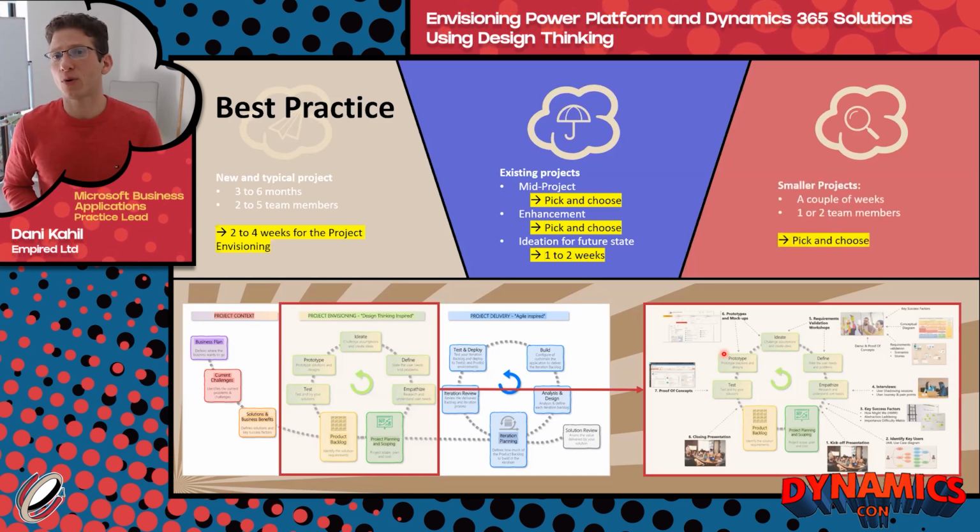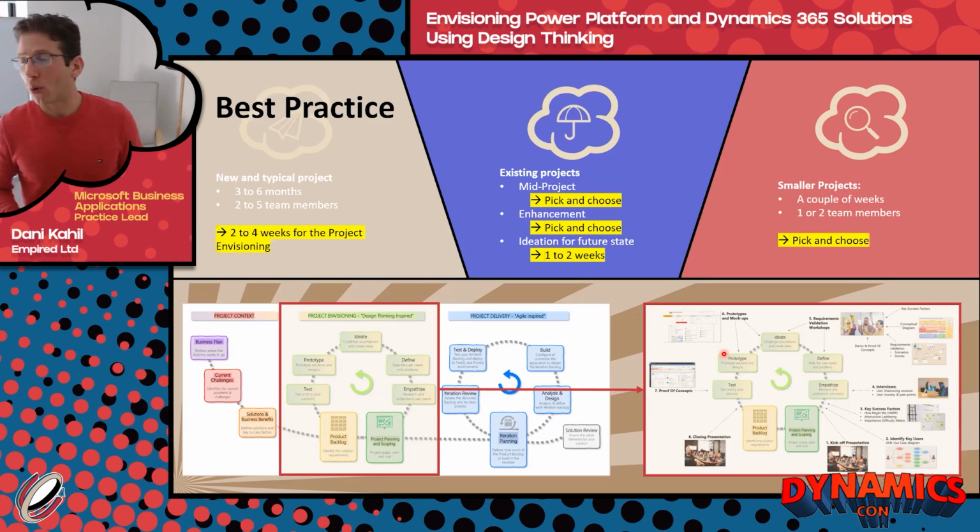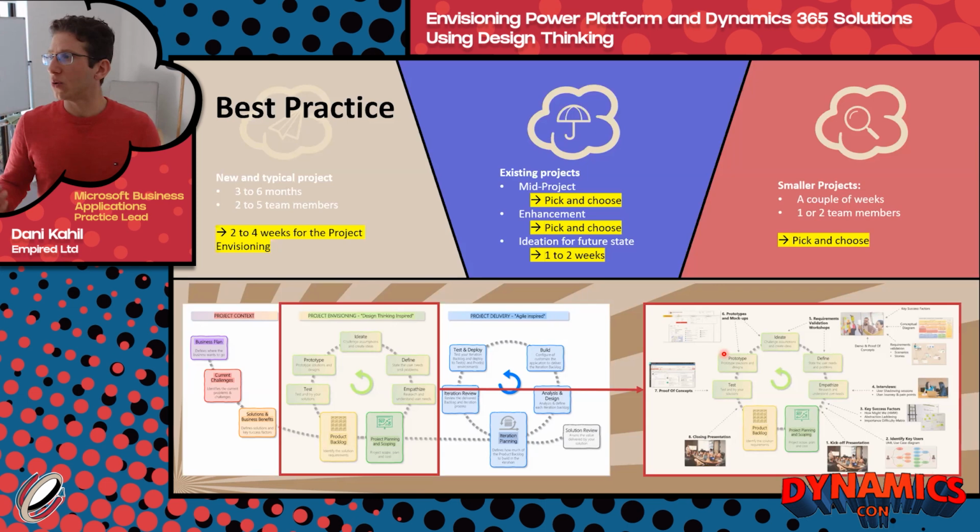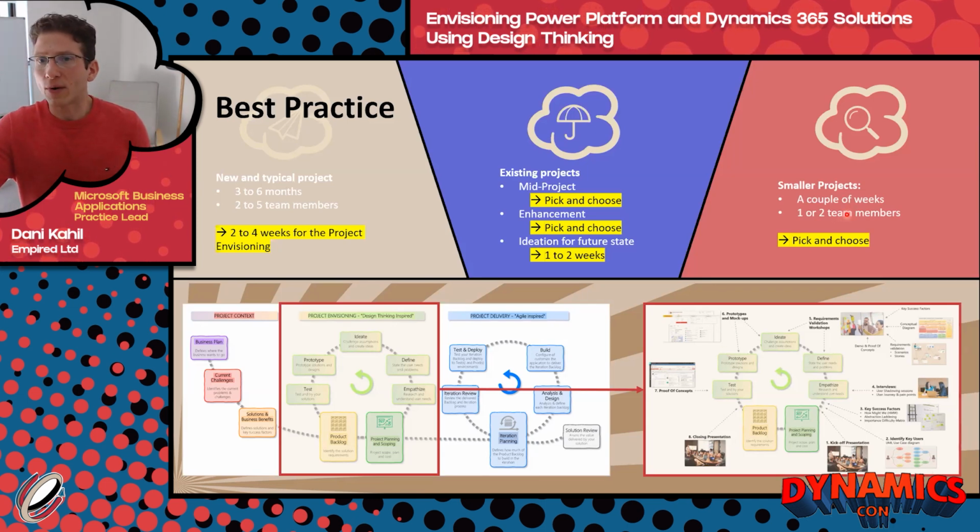And then, of course, smaller projects. I have also a couple of small projects going on, and those go from a couple of days to a couple of weeks, usually 1 or 2 team members.